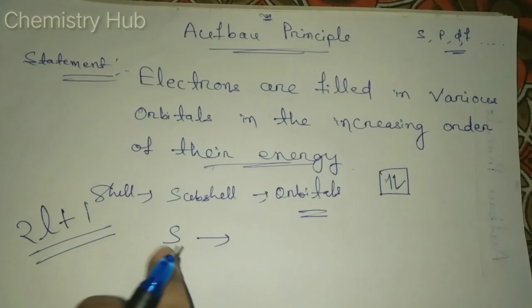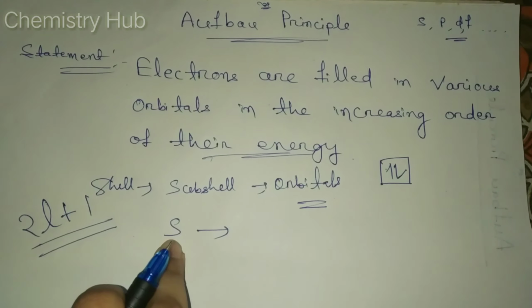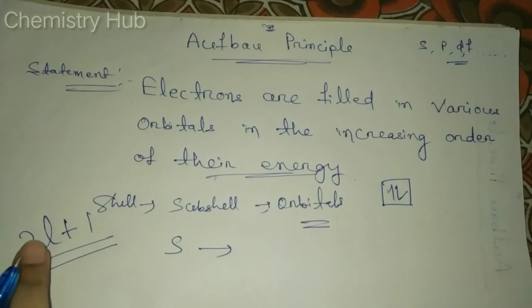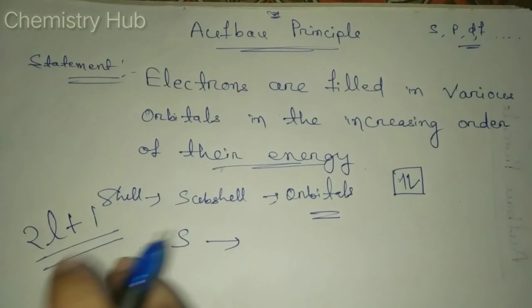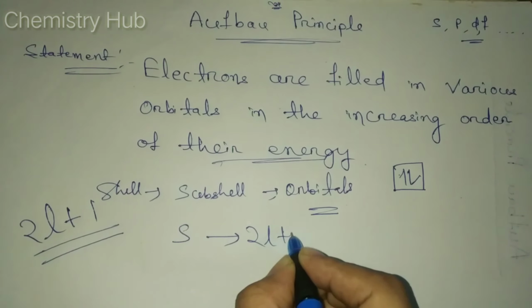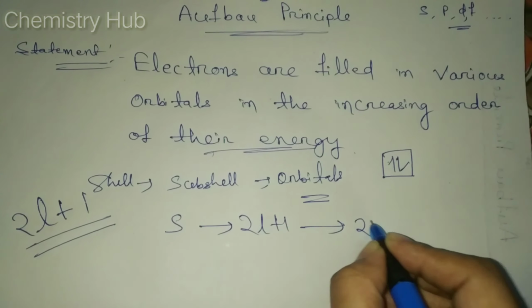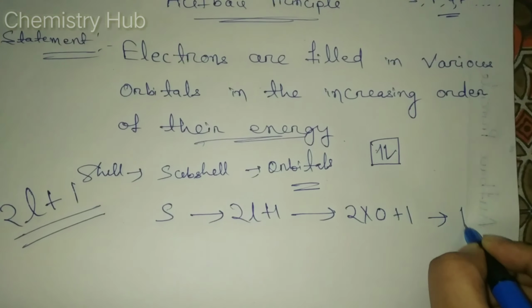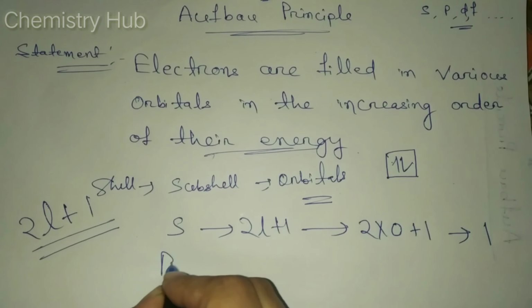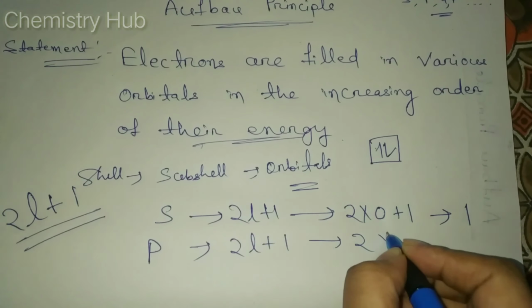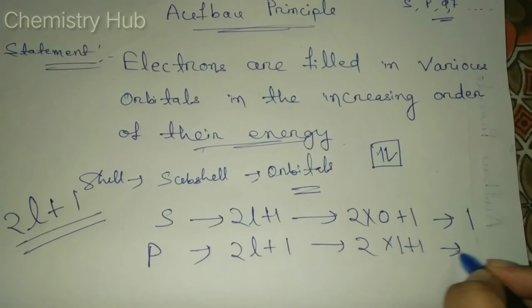So, for s subshell, how many orbitals are present? You use the 2l plus 1 formula. That means 2 into 0 plus 1. We get 1. Like this for p subshell, 2l plus 1, we get 2 into 1 plus 1, which is 3.